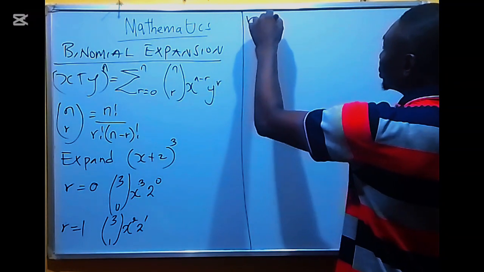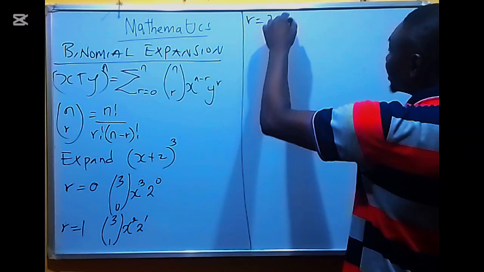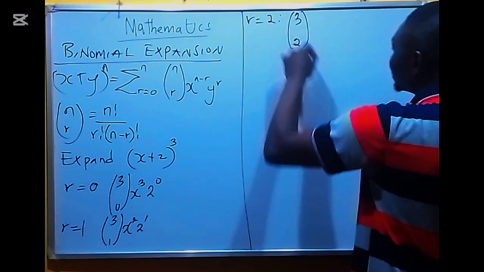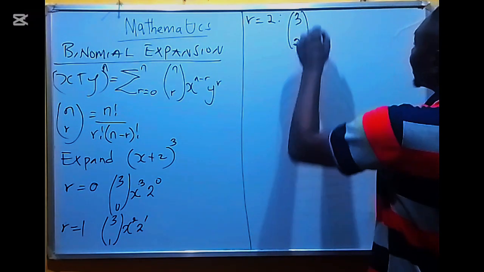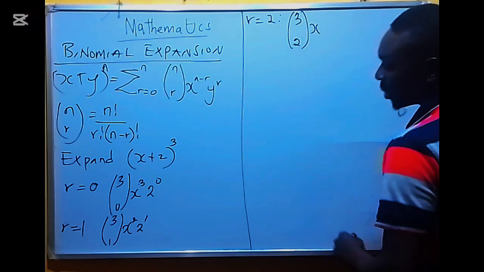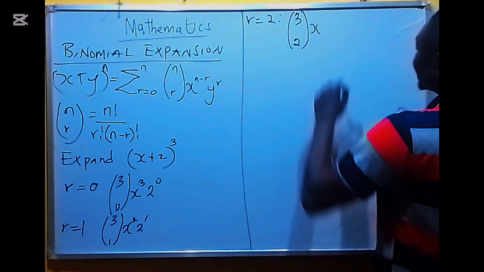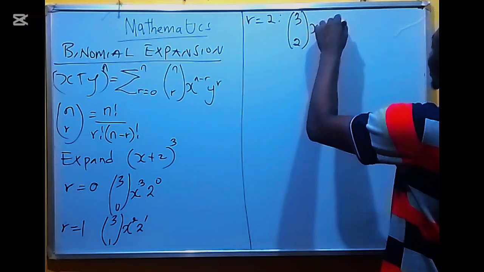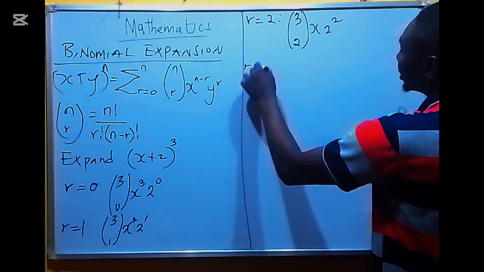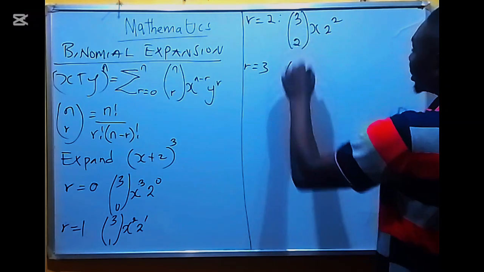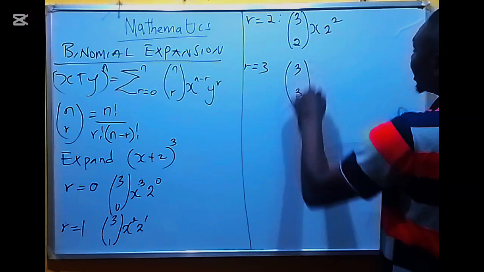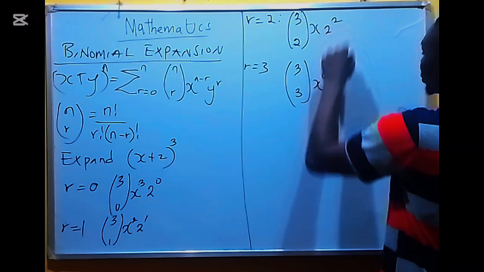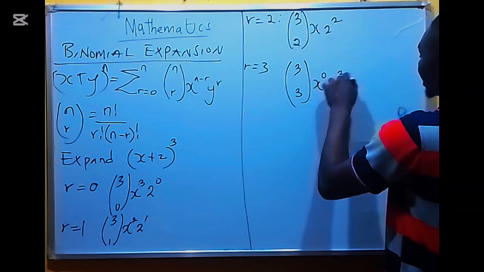For r equal to 2, we'll have 3 combination 2, the power of x will reduce, and the power of 2 will also increase. So r is equal to 3, that's the fourth term. We'll have 3 combination 3, so x raised to 0, and 2 raised to 3.